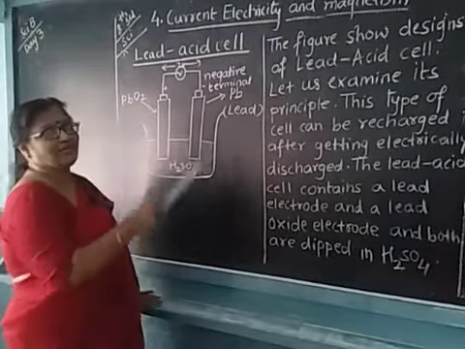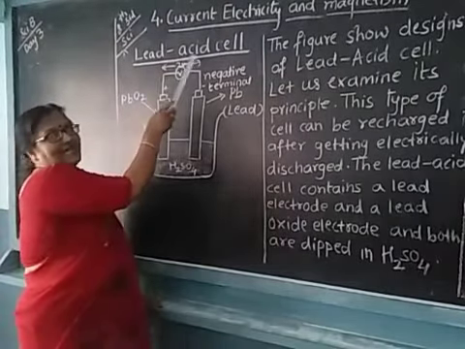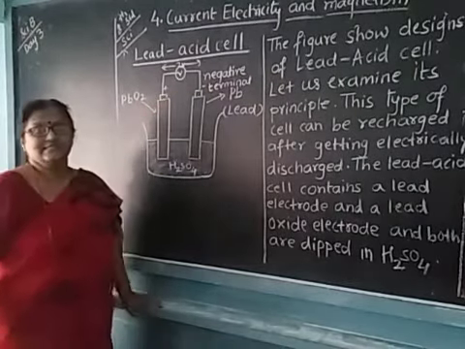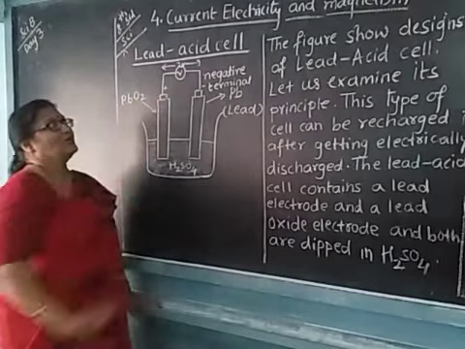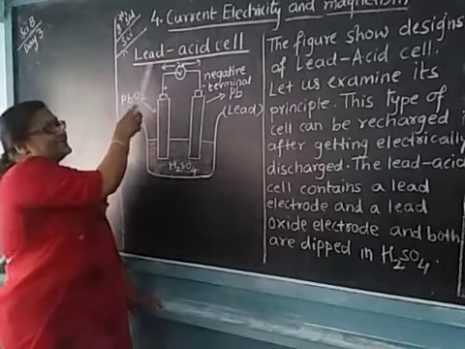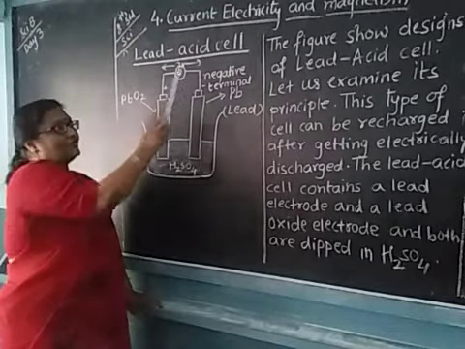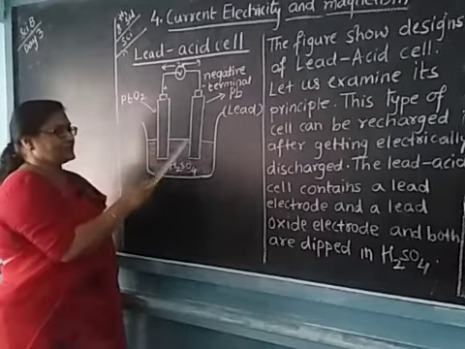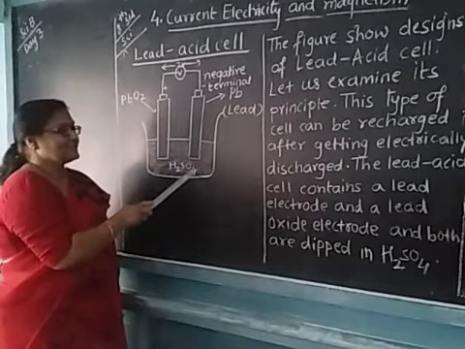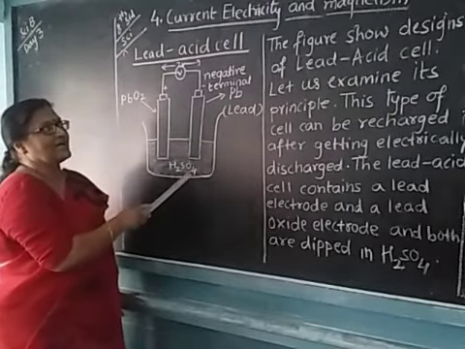The next point we are going to see is the lead acid cell. This cell is called a lead acid cell because it contains lead and also acid. Here lead acts as the electrodes, and the acid is where the electrodes are dipped.